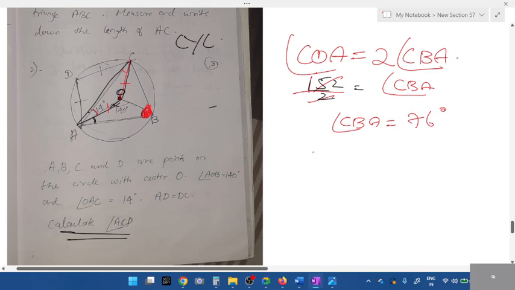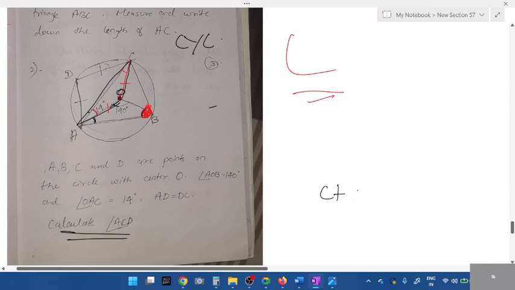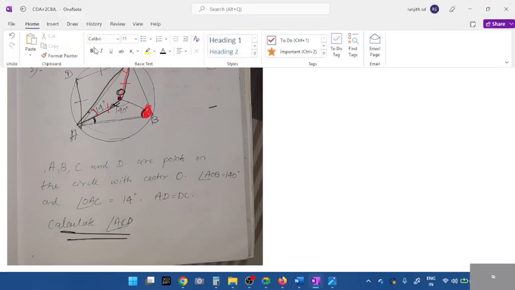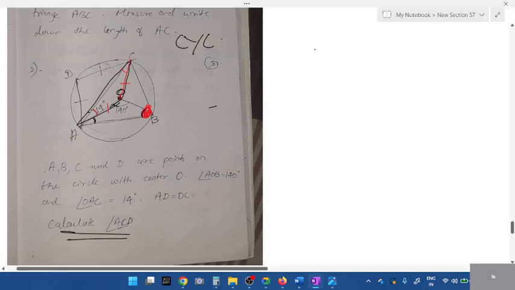In a cyclic quadrilateral, opposite angles add up to 180 degrees, so angle D plus angle B is equal to 180 degrees. Angle ADC plus angle B, we got as 76 degrees.